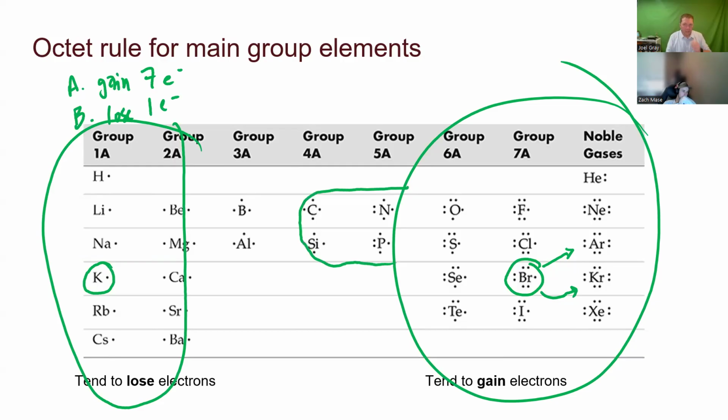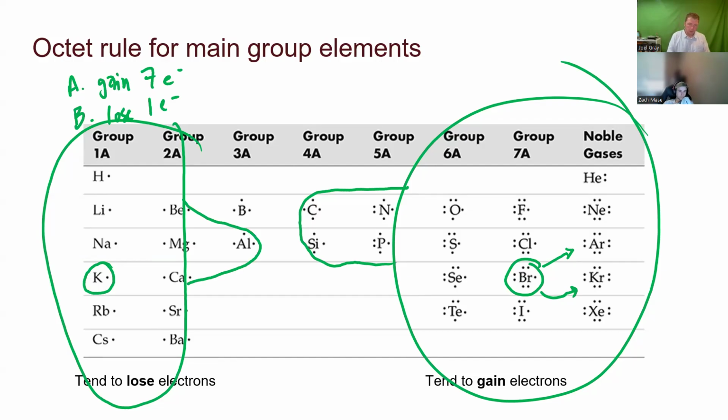These guys all tend to, so carbon, nitrogen, silicon, and phosphorus, they tend to gain electrons.